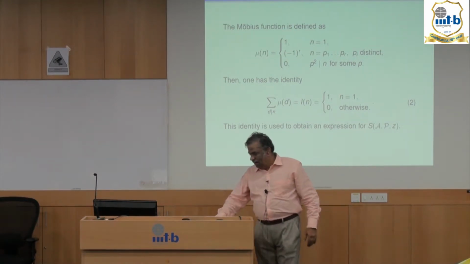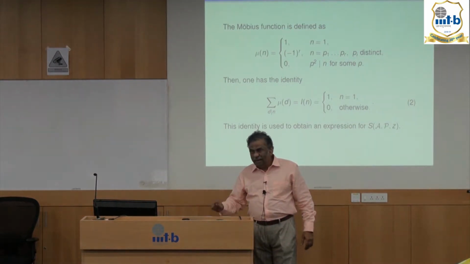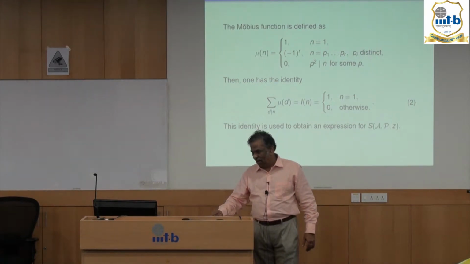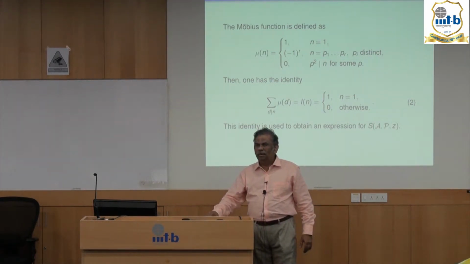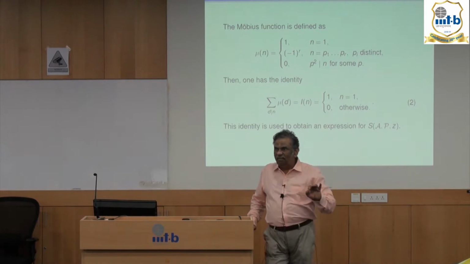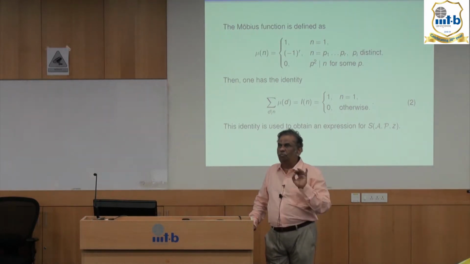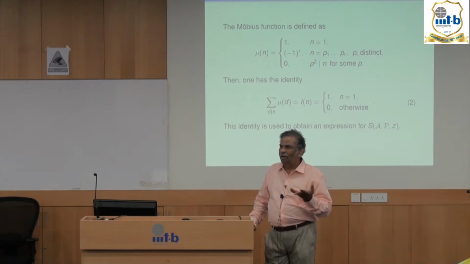In other words, if I now take any n, let us say 7, and sum over d dividing n of mu d, I take all the divisors of 7, for each one I compute the value of mu and add, then I will get 0, because for 7 there are only 2 divisors, 1 and 7, mu of 1 is 1, mu of 7 is minus 1, therefore that is 0.